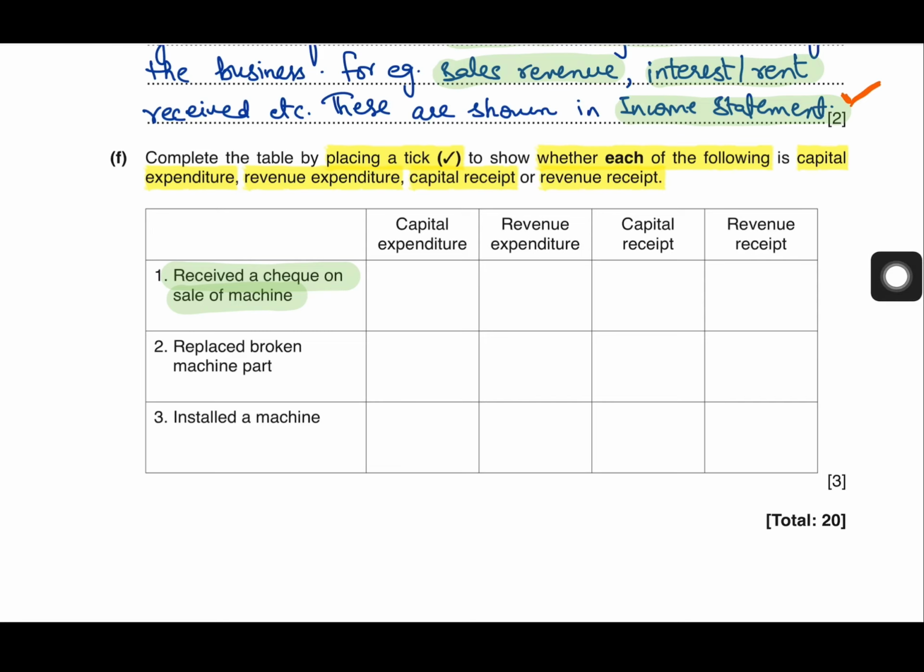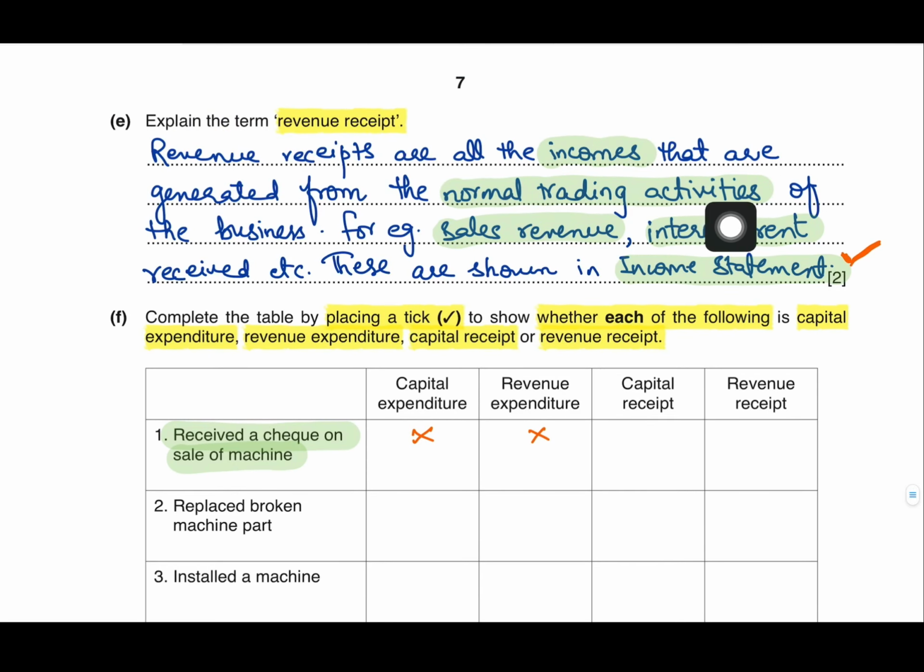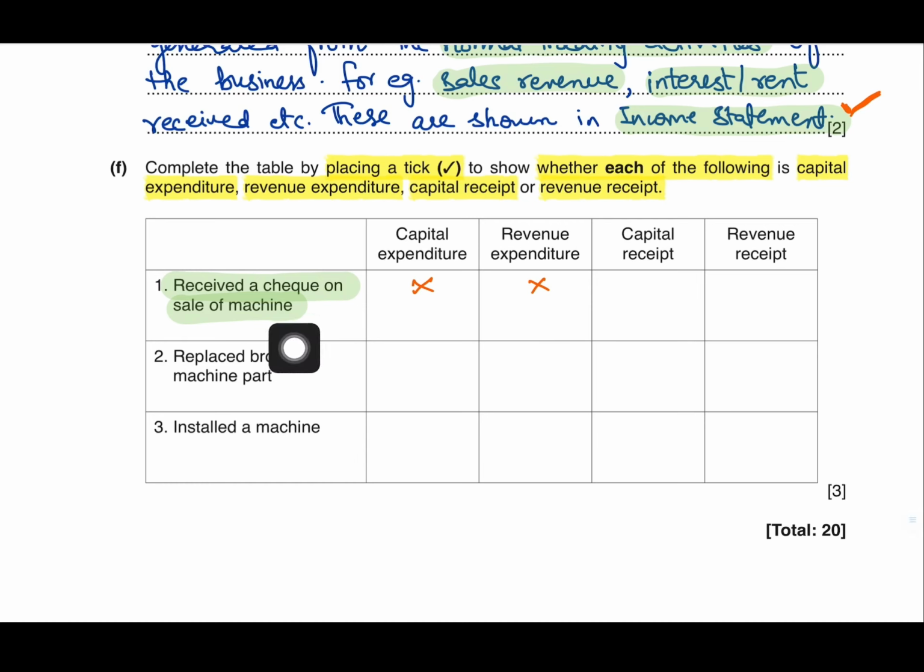First thing, it is not an expenditure, right? Then what else is it? Can it be a capital receipt or a revenue receipt? We have just concluded that revenue receipts are all the incomes that are generated from the normal trading activities of the business, or in other words on a yearly basis. But does the business keep on disposing of its machinery every year? No, it is a one-off activity, right?